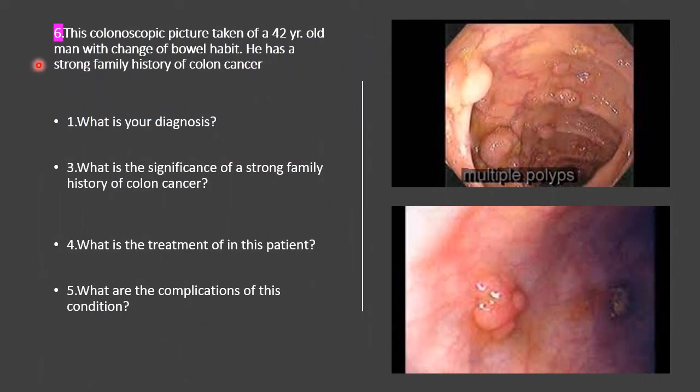Question number 6. These colonoscopic pictures are taken of a 42-year-old man with change of bowel habit. He has a strong family history of colon cancer. What is your diagnosis? Colonic polyps. Okay, these are polyps in the colon.